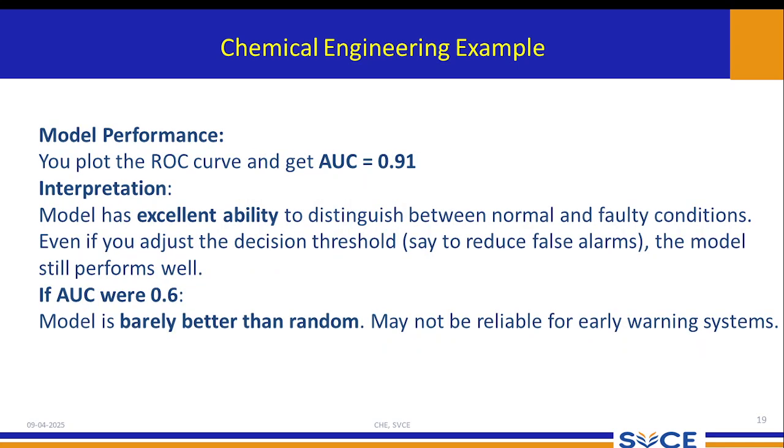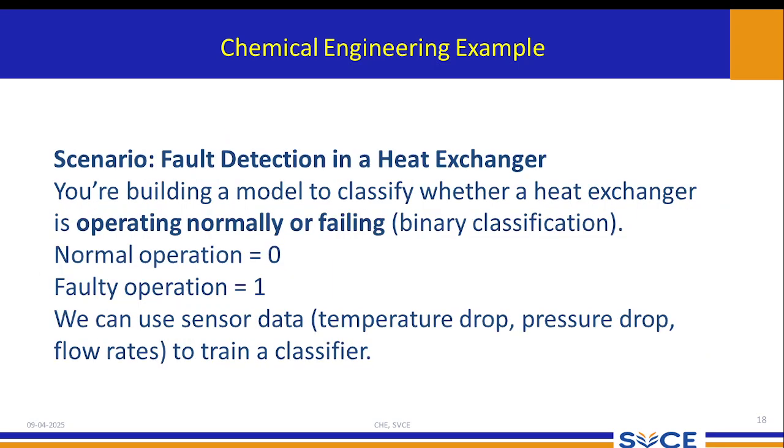If the area under the receiver operating characteristic curve is 0.91, that is very close to perfection. The model has an excellent ability to distinguish between normal and faulty conditions.